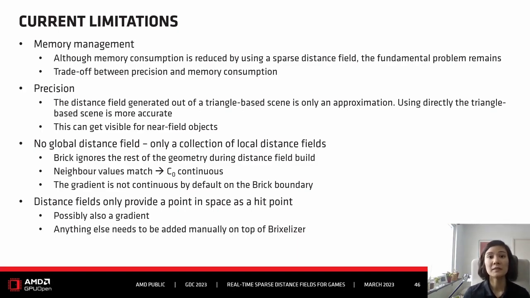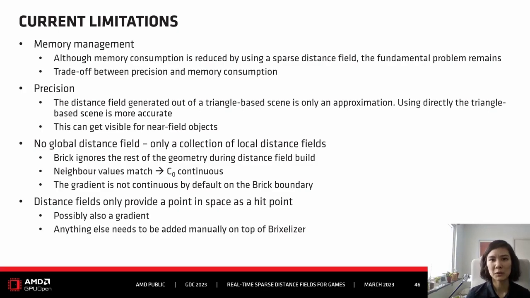Also, Pixelizer does not generate a global distance field. It's only generating a collection of local distance fields. We do have C0 continuity, so neighbor values match. Gradients are not continuous by default on the brick boundary. Also, distance fields only provide a point in space as a hit point.